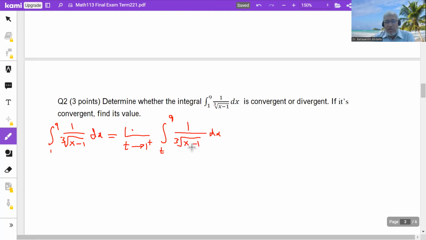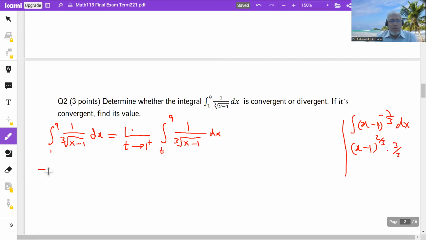Well, this is x minus 1 to the power 1 over 3, and when we take it up, it would be to the power negative 1 over 3. So the integral would be x minus 1 to the power, I add 1. So negative 1 over 3 plus 3 over 3, it would be 2 over 3, over 2 over 3, or times 3 over 2.